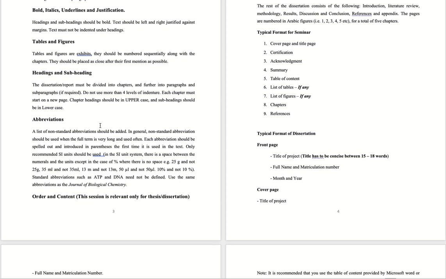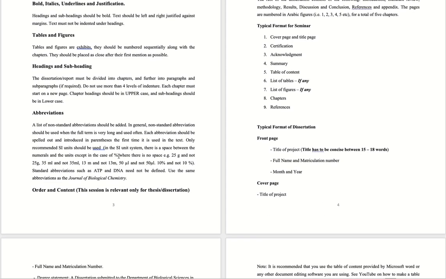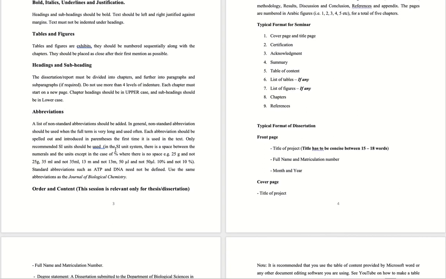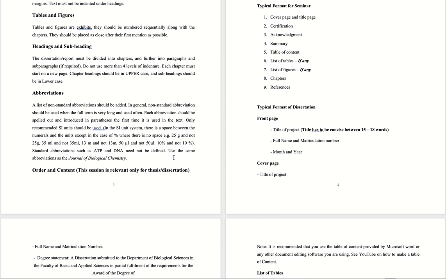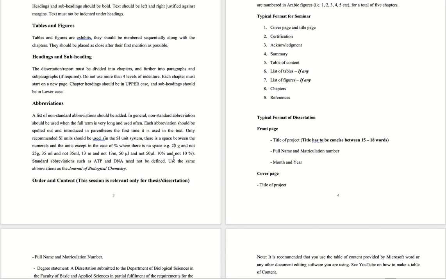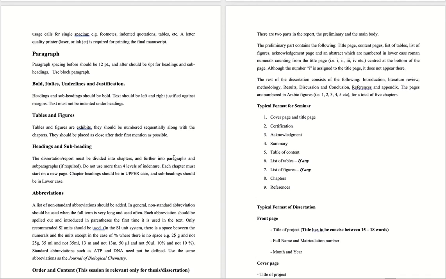And also, you can see information about abbreviations, how to use them, and even some information on the SI unit system. You see students making a lot of mistakes and errors in writing SI units, especially when it comes to certain measured information.